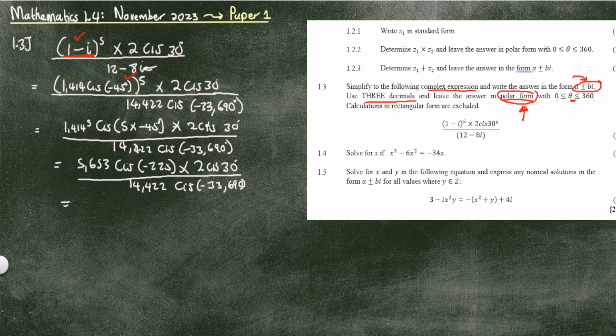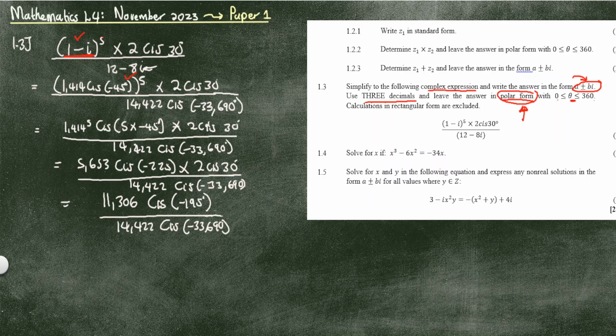I'm getting 11.306. And then we add the arguments: minus 225 plus 30 is minus 195 degrees, divided by 14.422 cis negative 33.690.